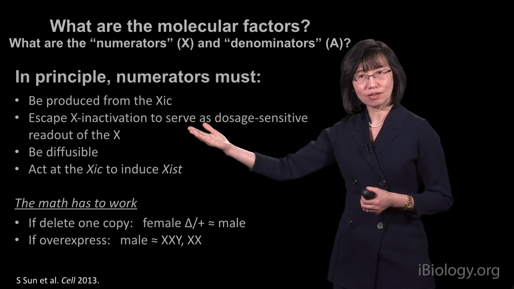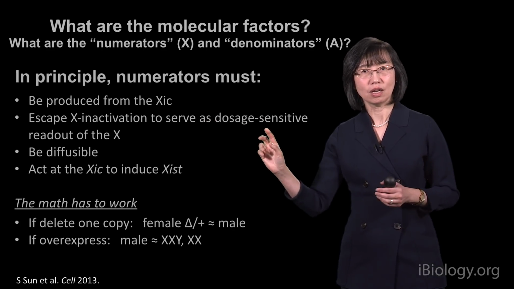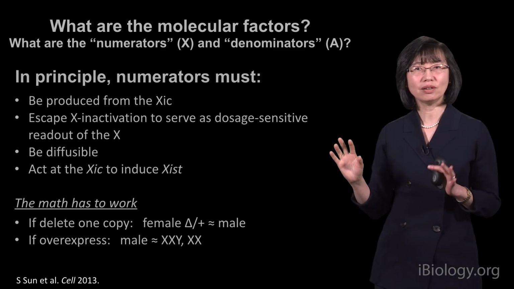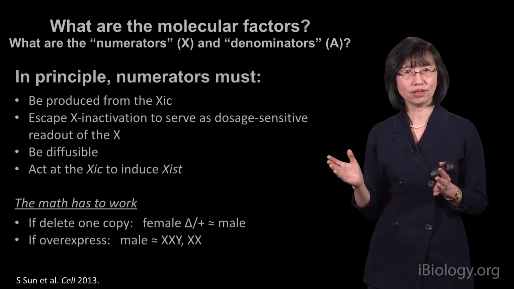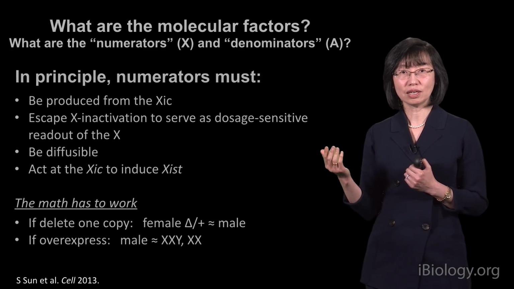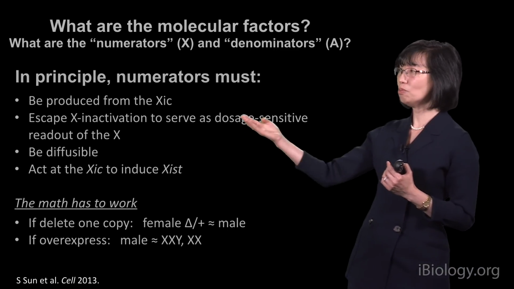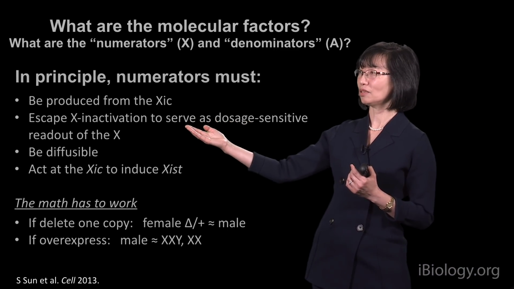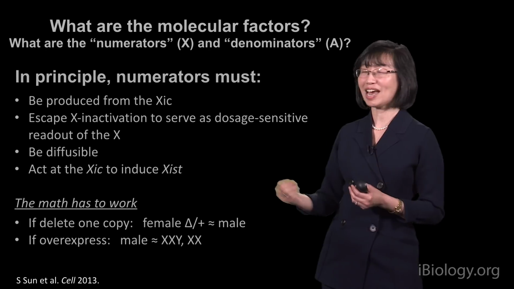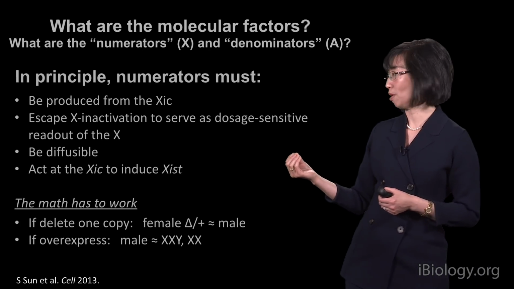And we believe that that factor has to escape X inactivation. So I haven't mentioned before, but a number of genes on this chromosome are actually immune to the influence of Xist. They escape silencing. And we believe that numerators have to escape X inactivation in order to serve as a dosage-sensitive readout of that chromosome.